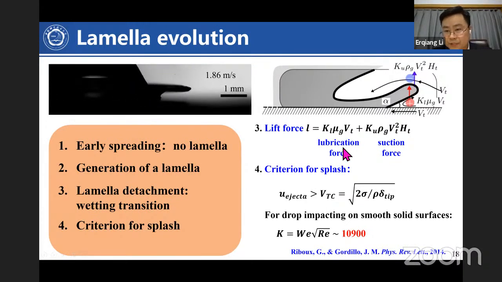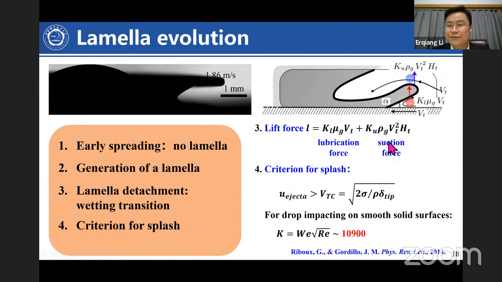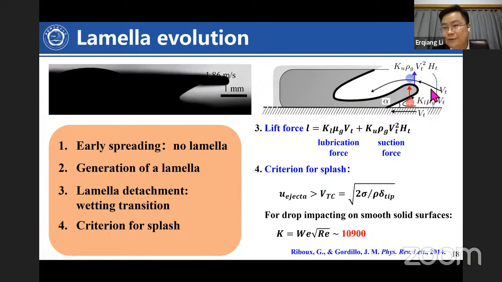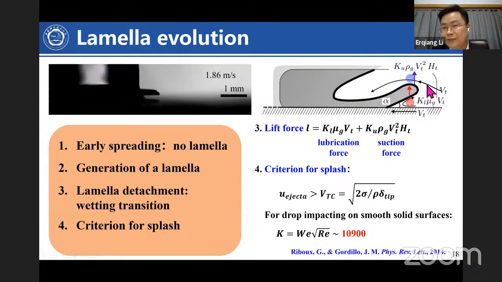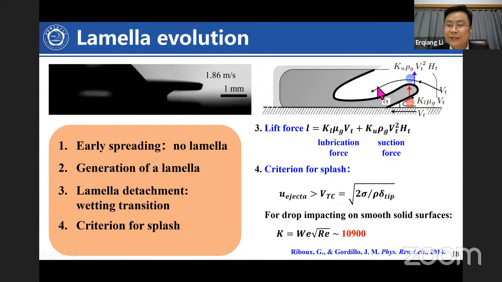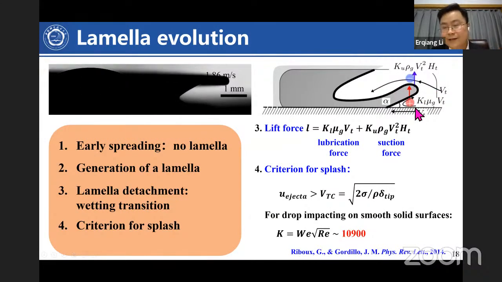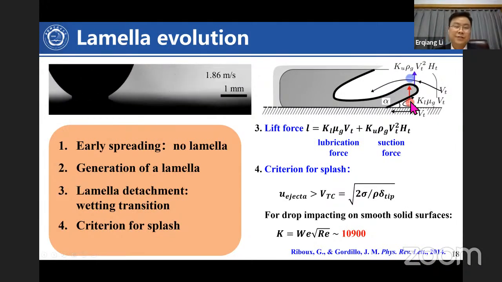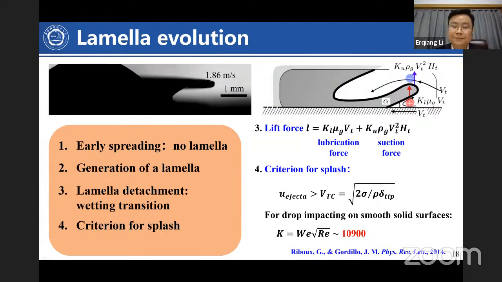One is the lubrication force, and one is the suction force, which is like the basic Bernoulli equation. You have air going this way and this way. So here, the air velocity is higher than here. You have a high velocity here, so a low pressure here, and a high pressure there. This pressure difference is the suction force. It will also help to lift up this lamina.